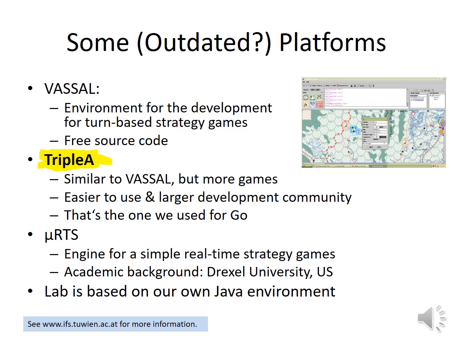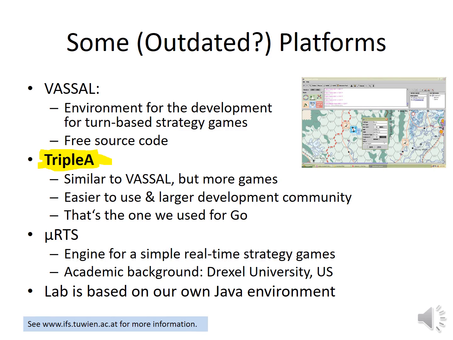MicroRTS is a real-time strategy game environment that was developed by Drexel University in the United States of America. It is very popular among researchers that work on the high branching factors and particular problems of real-time strategy development.